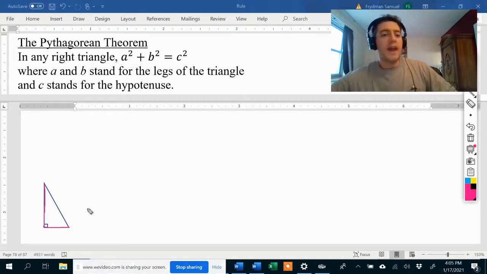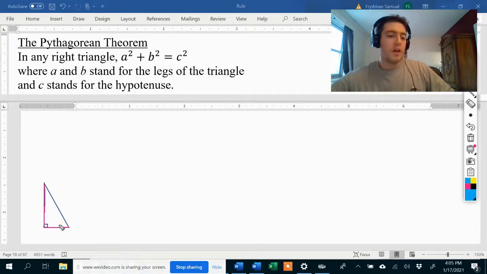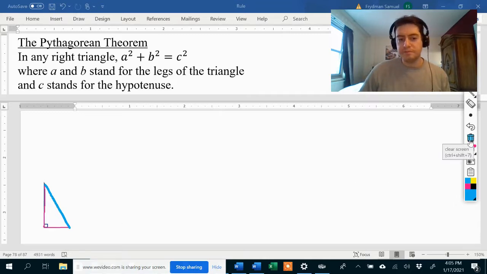And the hypotenuse just means the side that is opposite from the 90-degree angle. So in this triangle, this side would be the hypotenuse, which you can see is opposite from the right angle.